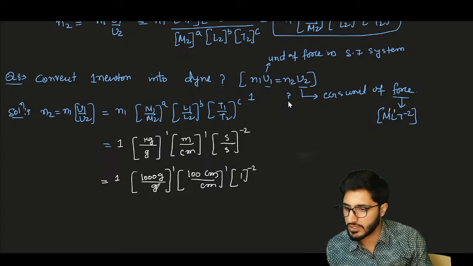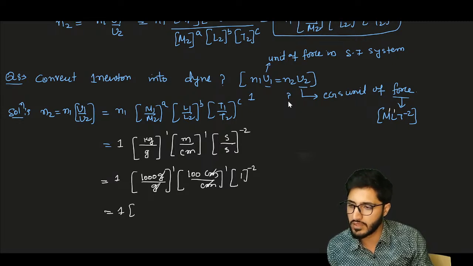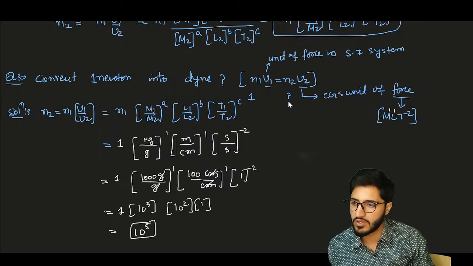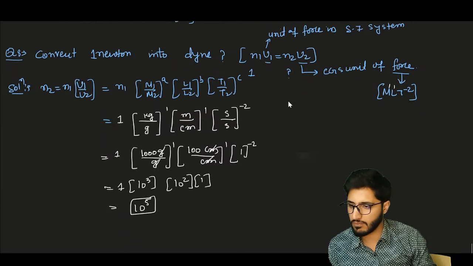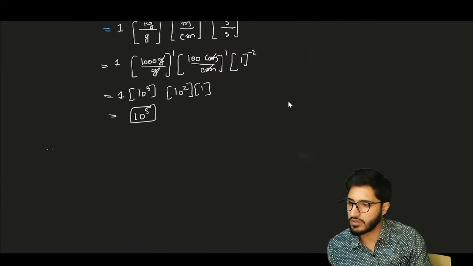Gram cancels, centimeter cancels. So I can write it as 10 to the power 3 times 10 to the power 2 times 1. So we got 10 to the power 5. Therefore, 1 Newton is equal to 10 to the power 5 dyne.